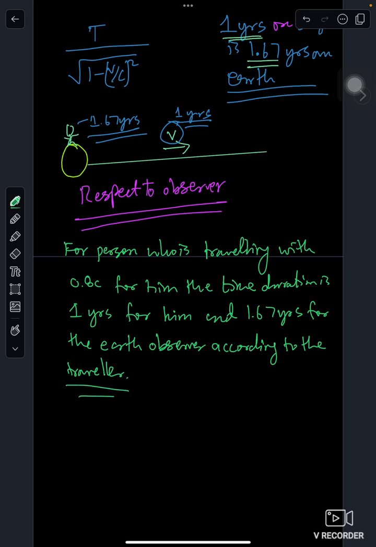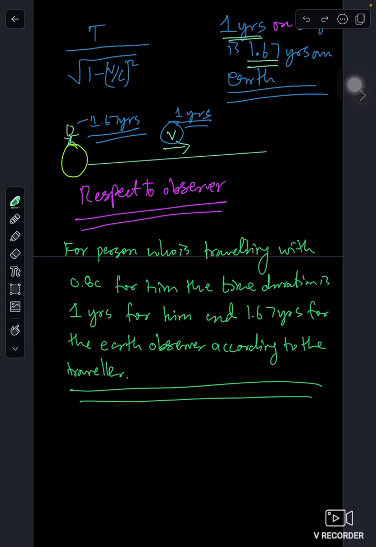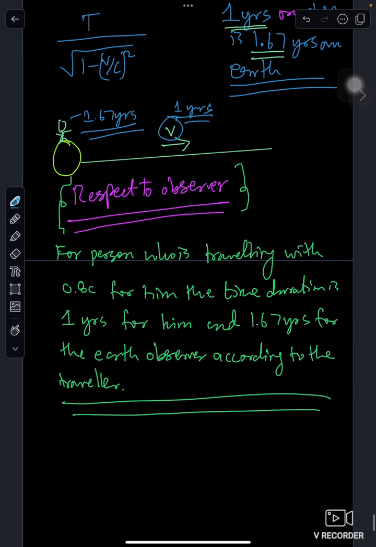So what I mean by this is that we always talk about the observer, because when we talk about difference in time, different observers experience different time gaps. So we have to be careful about whose perspective we are talking about. When he is moving this way, he sees the person on Earth going farther and farther away from him. The same is true for the Earth observer: he is stationary, and the traveler is going away from him.